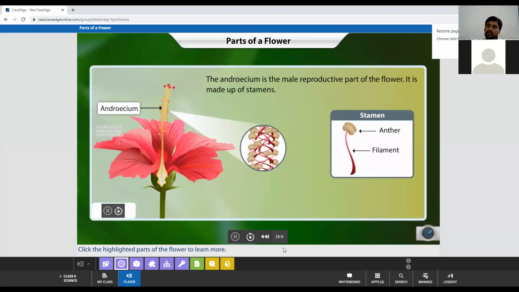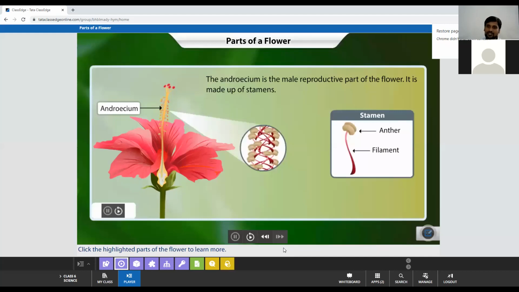Okay, so it consists of how many parts? It consists of two parts. What are they? A stalk-like structure, which is called the filament, and we have small lobes present on the filament head region, which is called the anther. Once again, androecium, the male reproductive part of a flower, also called the stamen, divides into two parts, filament and anther.